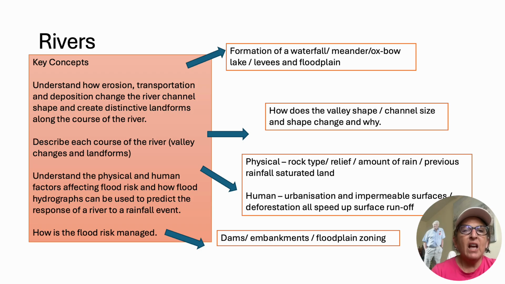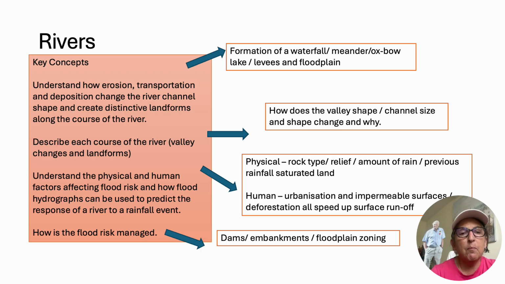Okay, so you may be asked to describe the course of the river, so how the valley changes and the landform. So how does a river change from its source to mouth, so on its journey downstream, that sort of thing. And you will be asked to consider the role that various factors play in that.